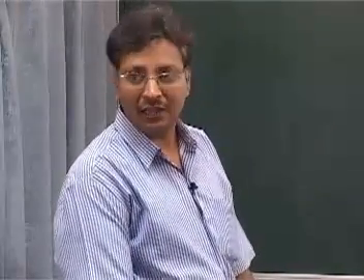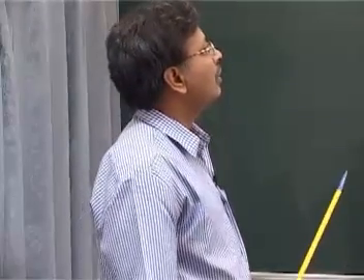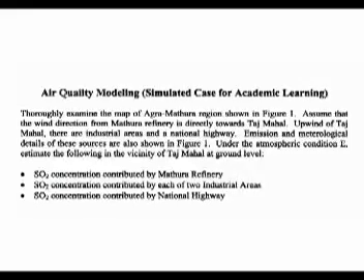And F was highly stable. Under this condition E, estimate the following in the vicinity of Taj Mahal at the ground level: SO2 concentration contributed by Mathura refinery, SO2 concentration contributed by each of the two industrial areas, and SO2 concentration contributed by the national highway.